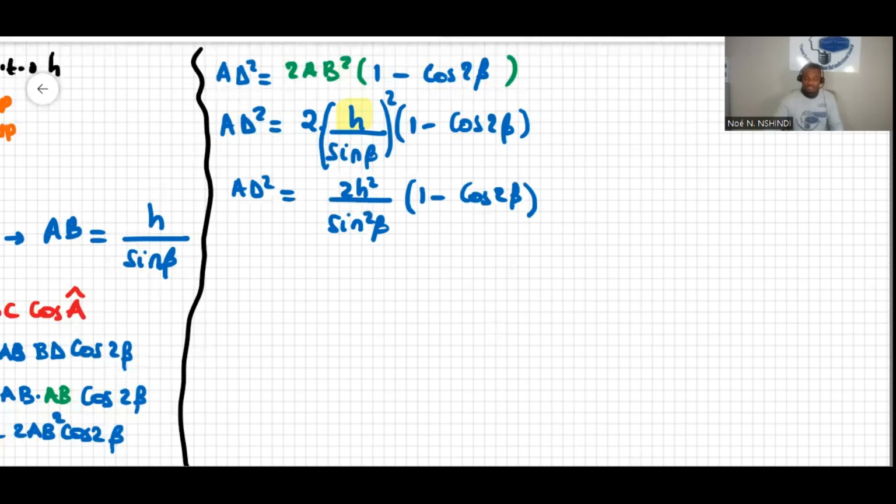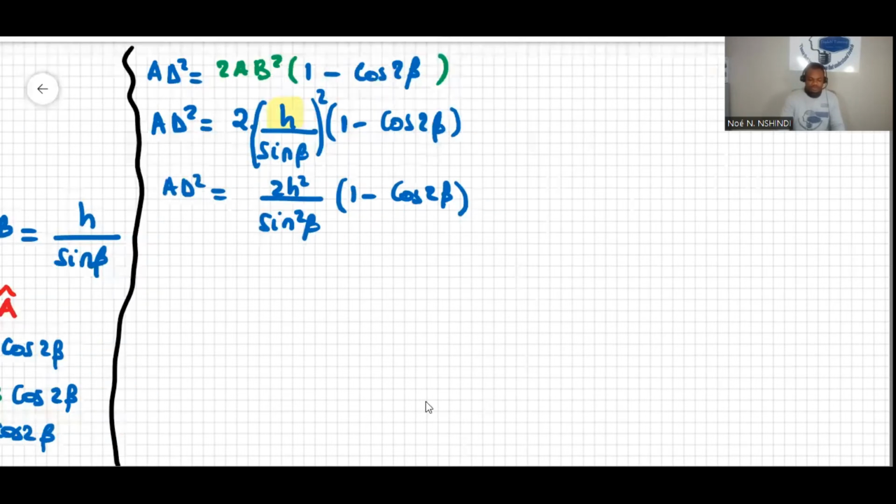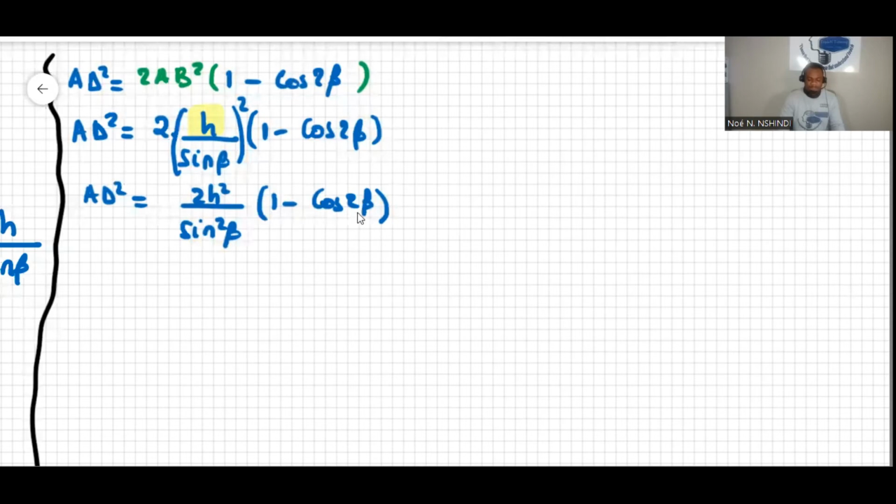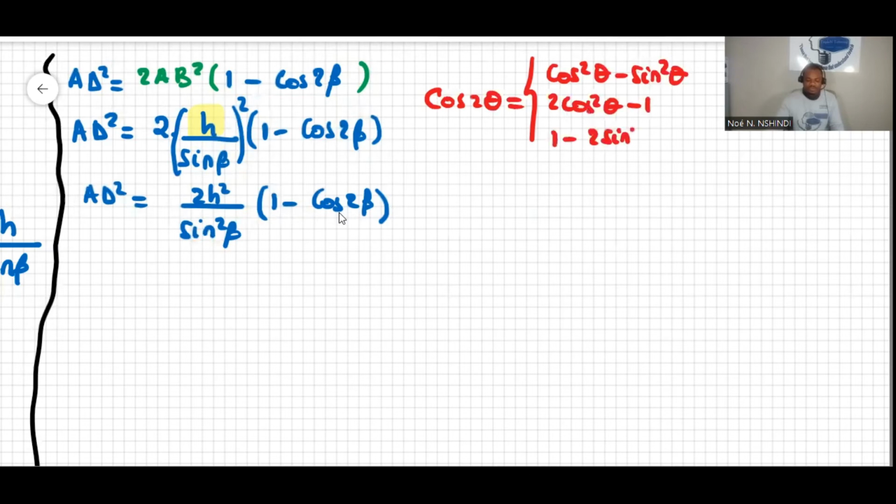We know something. Cos of 2 beta is a double angle. We know that cos of 2 theta is equal to cos squared theta minus sine squared theta, or 2 cos squared theta minus 1, or 1 minus 2 sine squared theta. I can take one of these formulas, but I prefer to select this one because I have sine squared there.